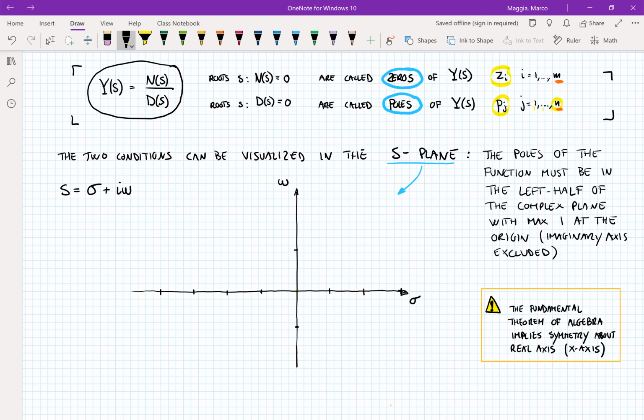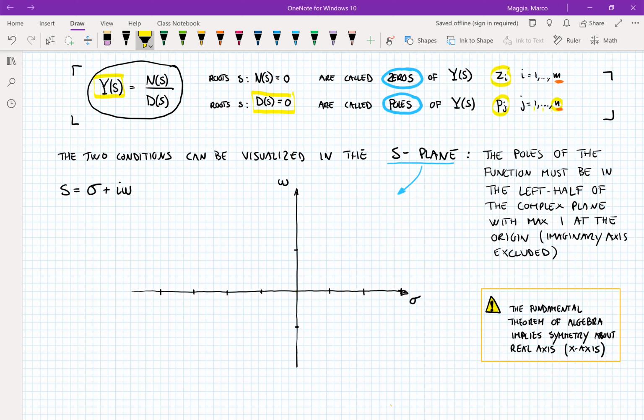And since the two conditions for the applicability of the final value theorem focus on the roots of d of s equals 0, or in other words, the poles of y of s, we are only interested in the location of the poles.